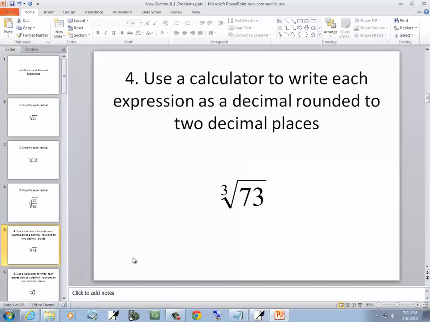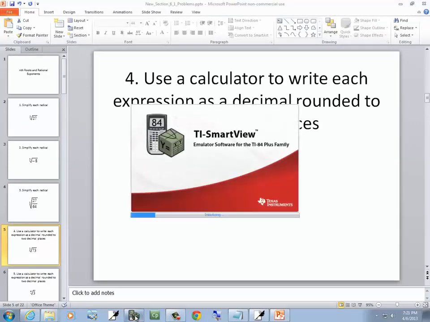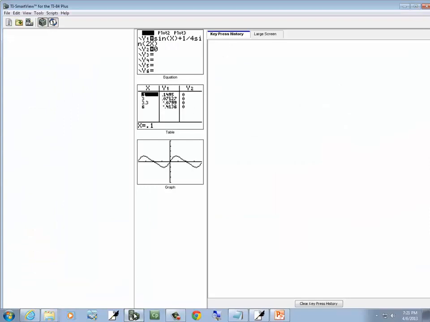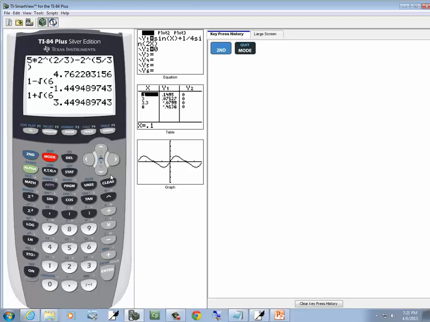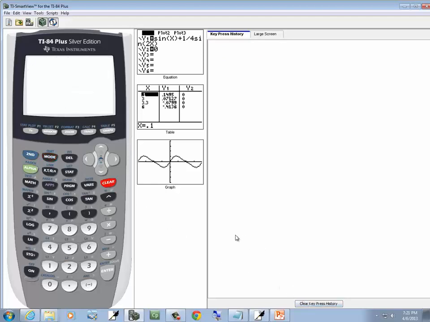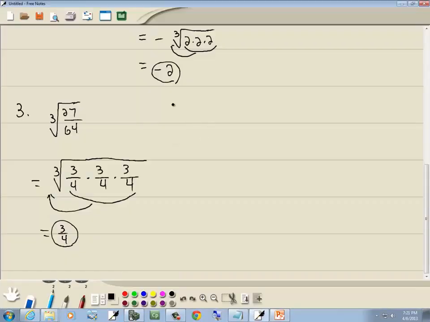Now the next ones are calculator based, so let me bring up my calculator. Okay, we got the cube root of 73. Well, I'm guessing 73 is prime. I can't think of any way to break that down.